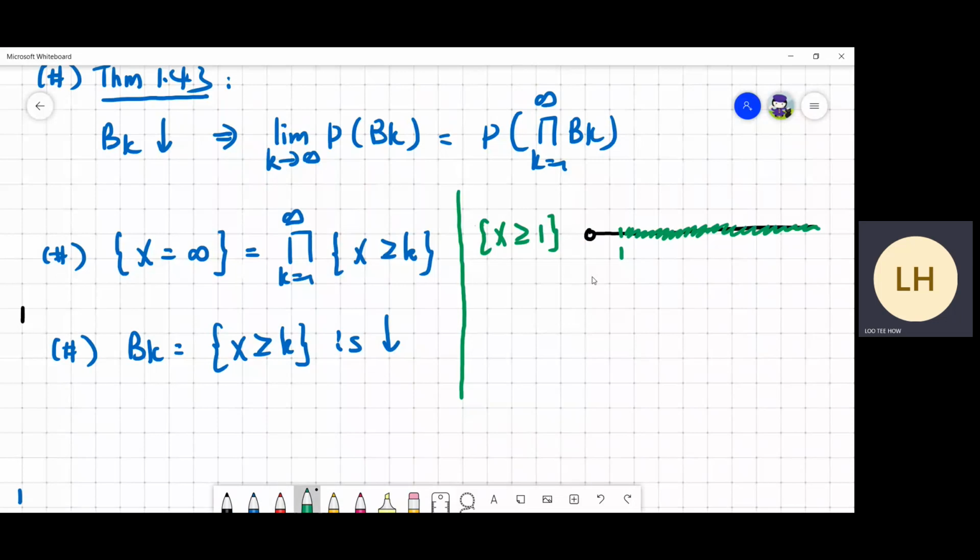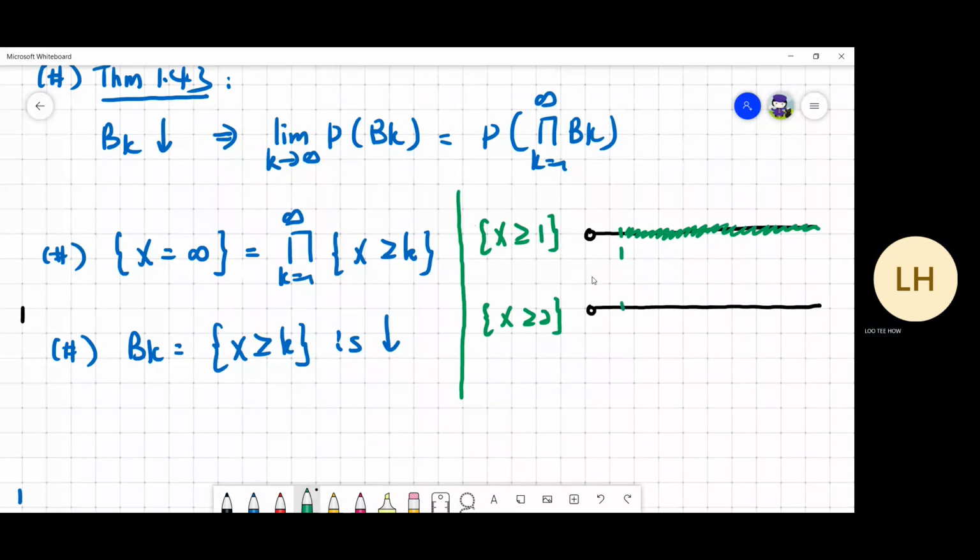We carry on to when k equals 2, which will be X greater than 2. So we look at the same x-axis. 1 is here, then 2 is here. So X greater than 2 will be 2 onwards. So I think it is clear this portion must include this, right?